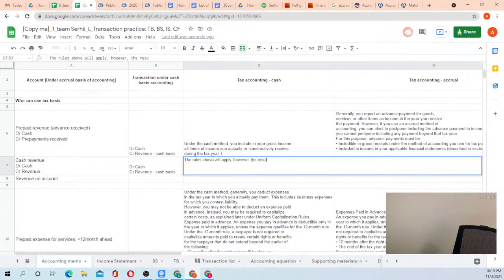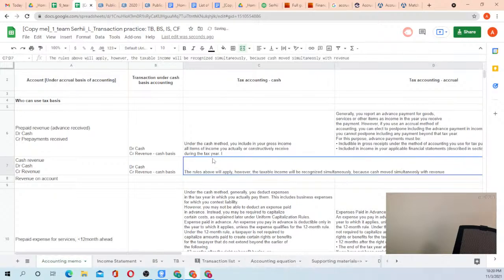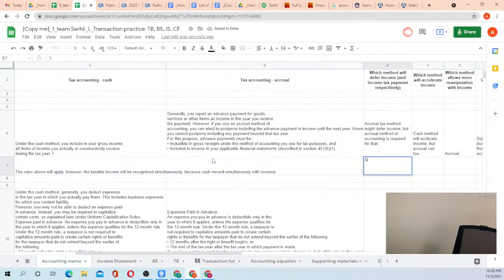However, the result will be the same: the taxable income will be recognized the same everywhere.